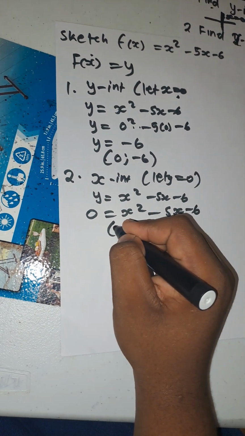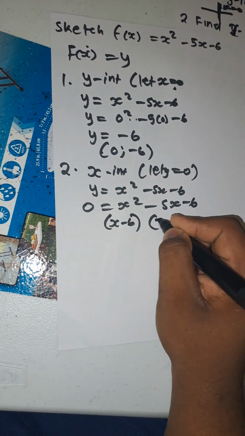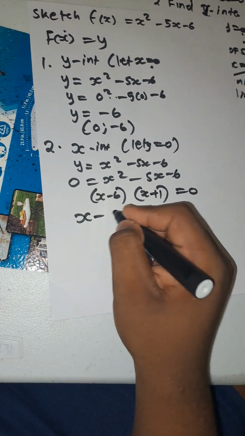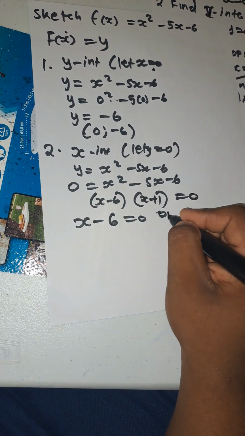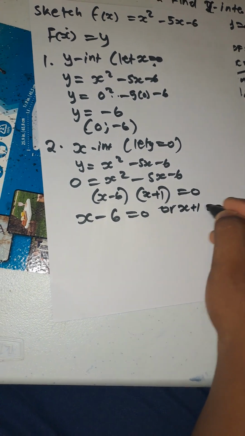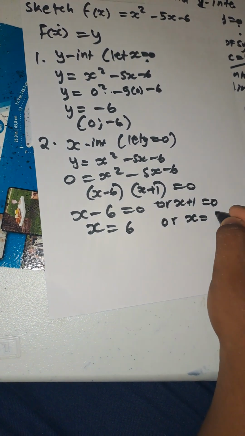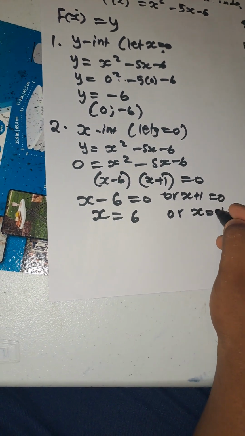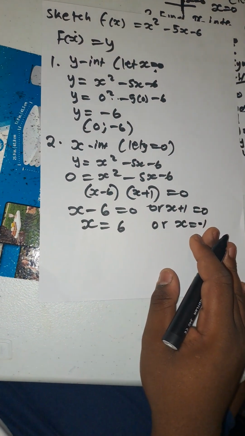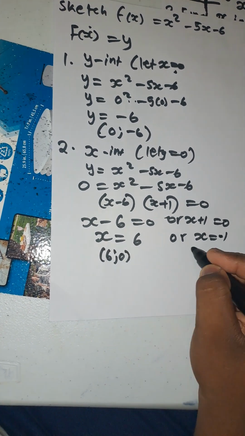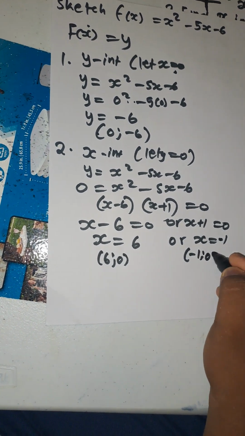So this is x minus 6, this is x plus 1, equals 0. Then x minus 6 equals 0, or x plus 1 equals 0. Then my x equals 6, or my x equals negative 1, sorry. So it's going to be 6 and 0, negative 1 and 0.